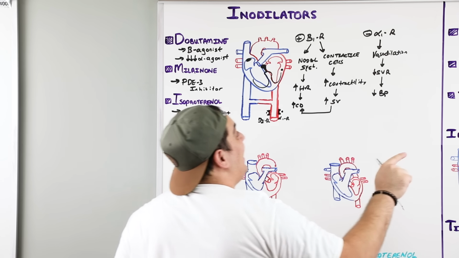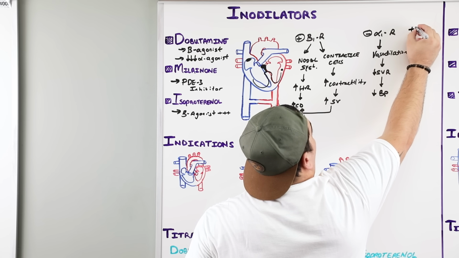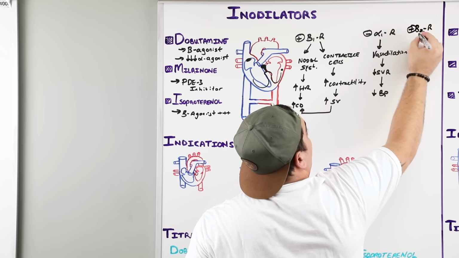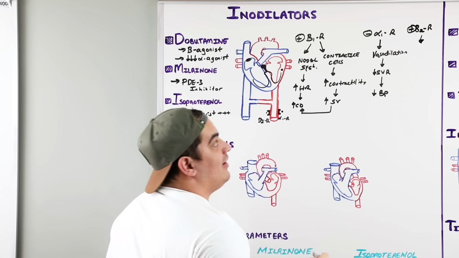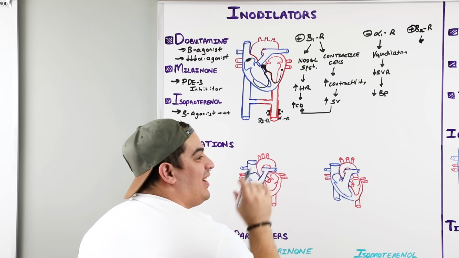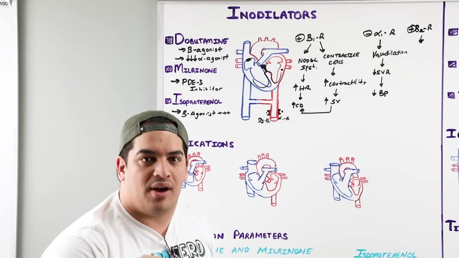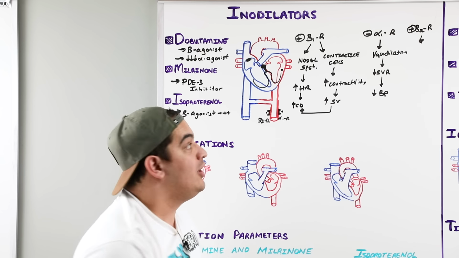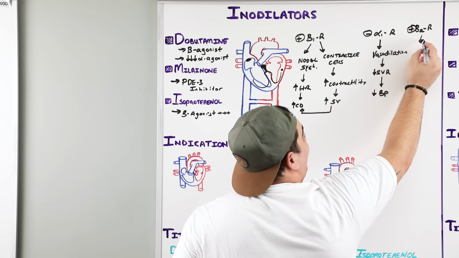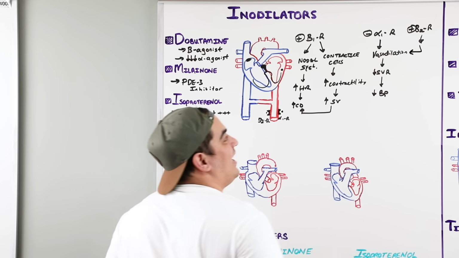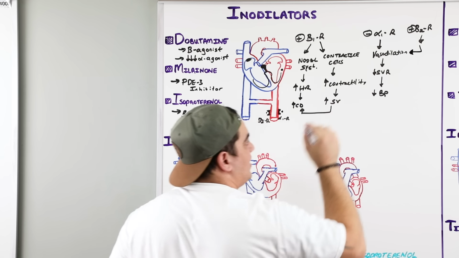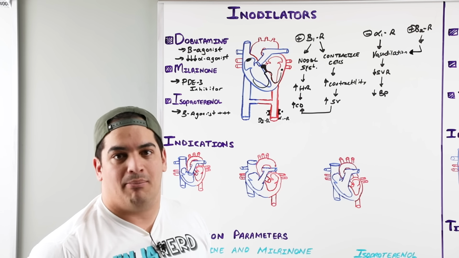So if I act on these beta-2 receptors via dobutamine, that is actually going to cause vasodilation. Beta-2 receptors generally cause vasodilation. Alpha-1 receptors cause vasoconstriction. So stimulation of the beta-2 receptors gives a vasodilatory effect, lowering my systemic vascular resistance and potentially lowering the blood pressure.